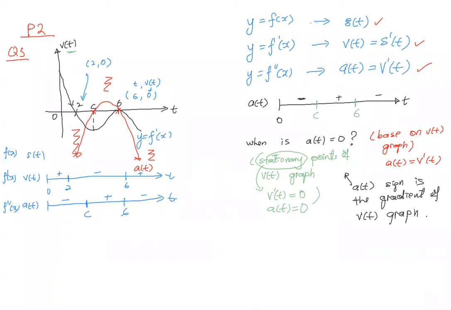Okay, so now I analyze in this way, then I compare with the 3 graphs given. So first, 0 to 2 seconds. The turning point must be at 2 and 6, correct? Stationary point.